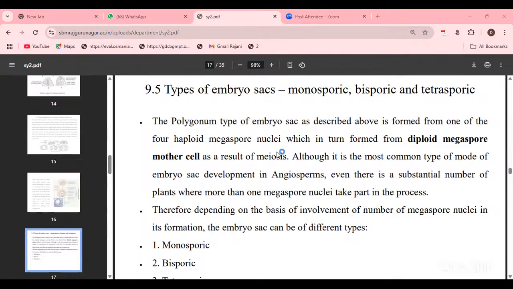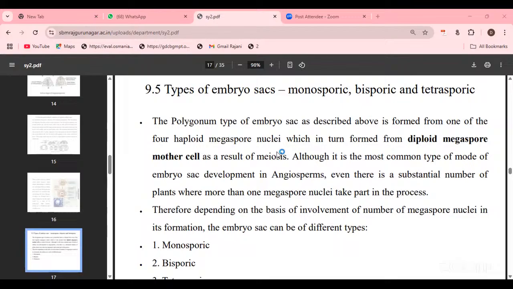Although it is the most common mode of embryo sac development in angiosperms, there is a substantial number of plants where more than one megaspore nucleus takes part in the process.